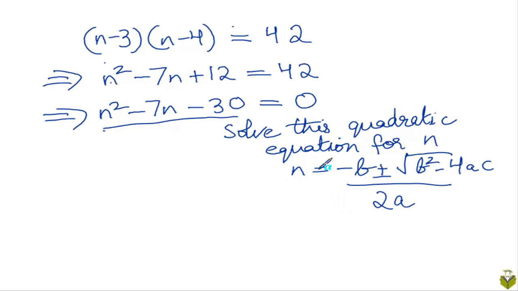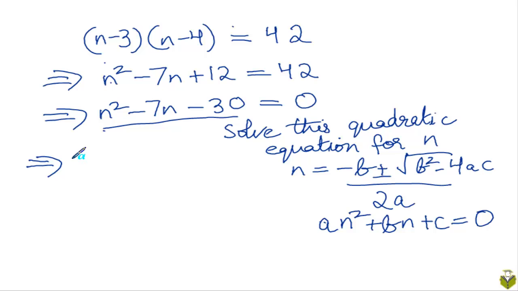You can always look back at the quadratic equation of the form an square plus bn plus c equal to 0. So you can use this formula, but the other approach is factorization, so I'll just use that.